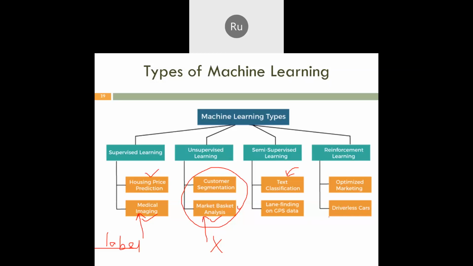So this is where we want to do some decision making on which area we want to land. Okay, and the last one is reinforced learning. Reinforced learning is a bit advanced. For example, today is March, right? So we have January, February, and March.